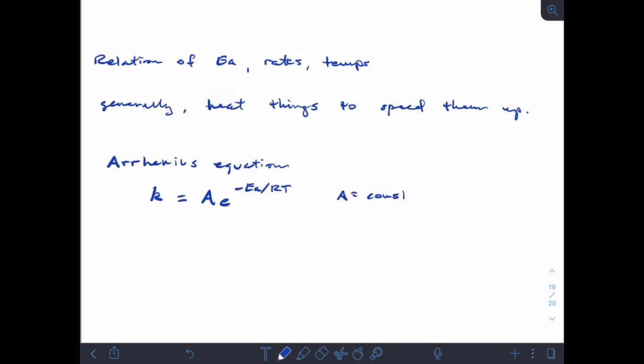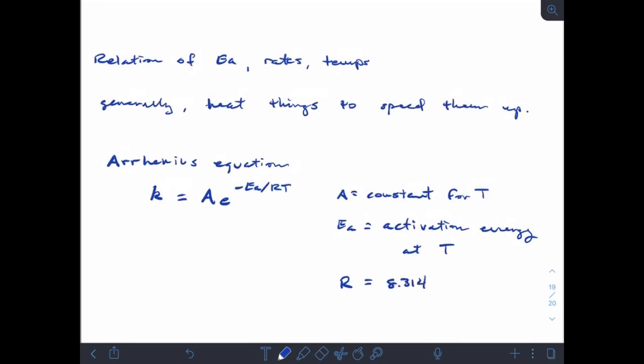A is a constant at a given temperature, Ea is the activation energy, and R is the gas constant relating to energy, so 8.314 joules per mole Kelvin.